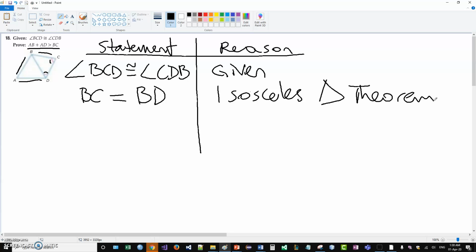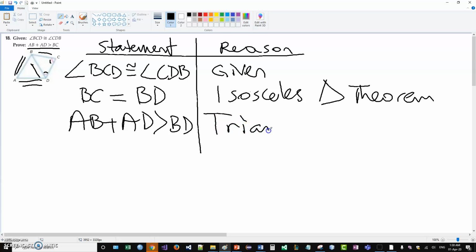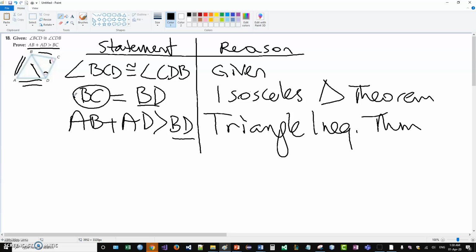Now, by looking at the Triangle Inequality Theorem, we can say that AB plus AD is greater than the third side, which is BD. This is the Triangle Inequality Theorem. And we know that BD equals BC, so we can replace BD with BC.